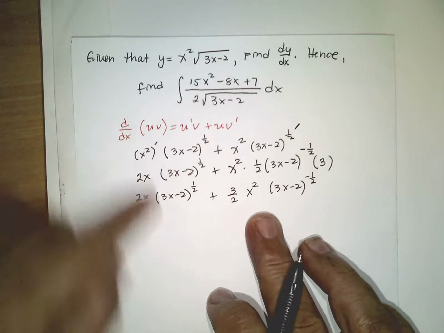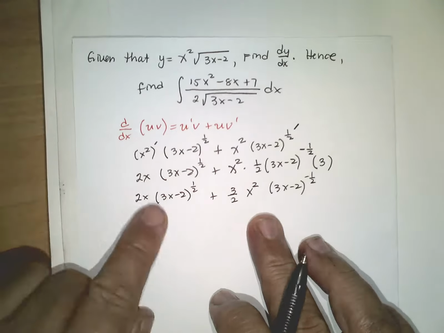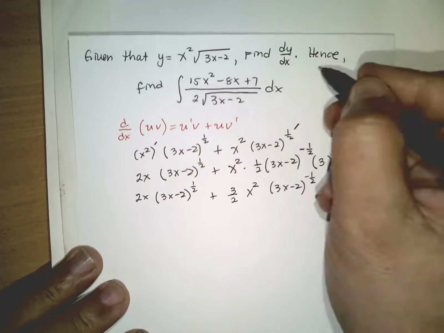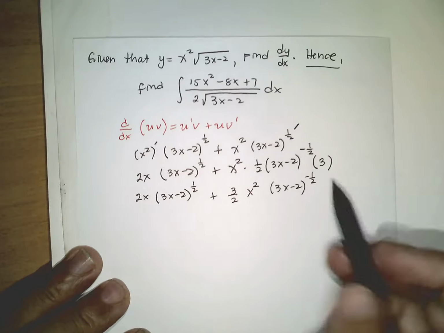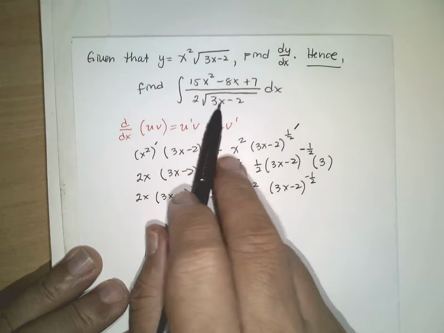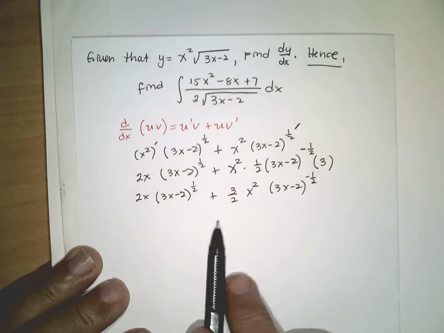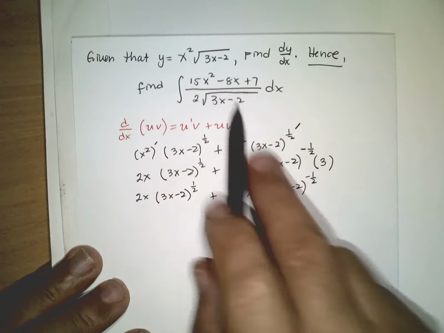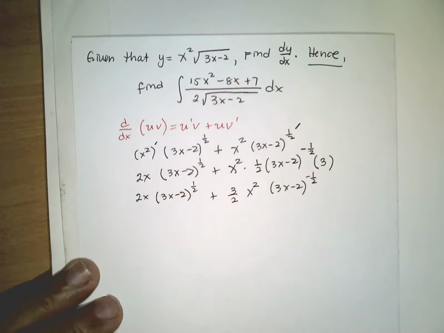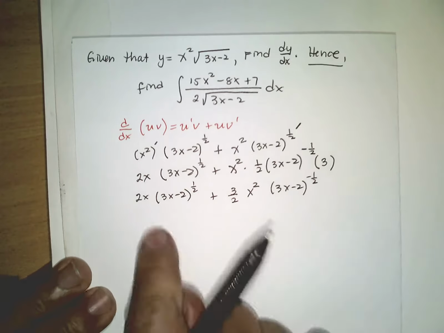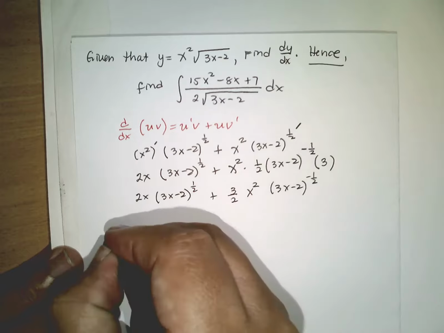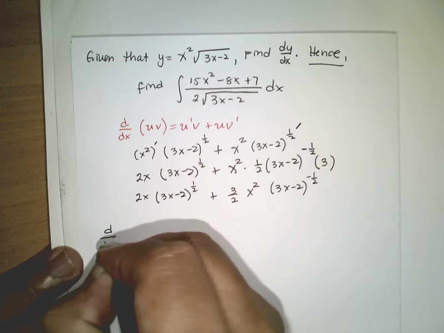So the derivative of this is this one here, all right? Then it shows there, hence, find this integral from here, right? So we're trying to find this integral here. But first of all, let me just write this one neatly, like the derivative.